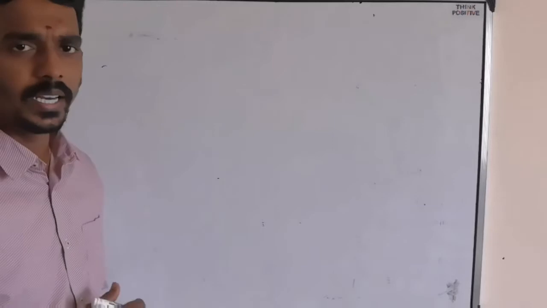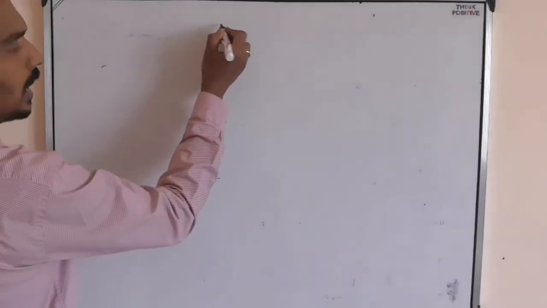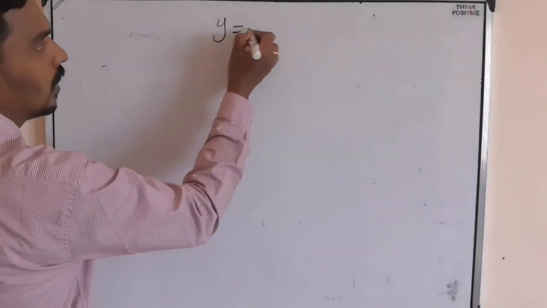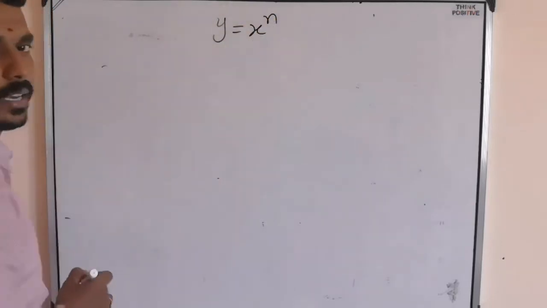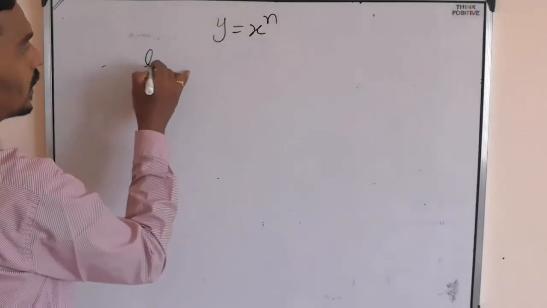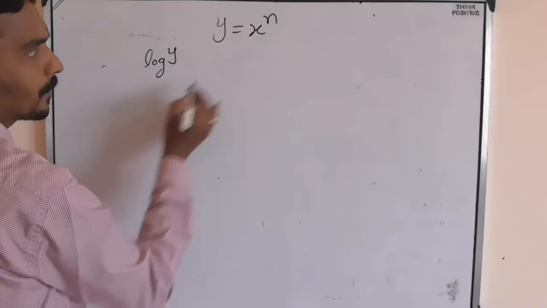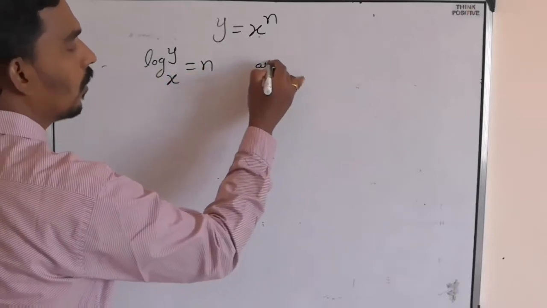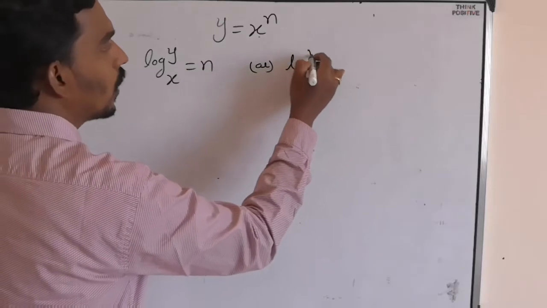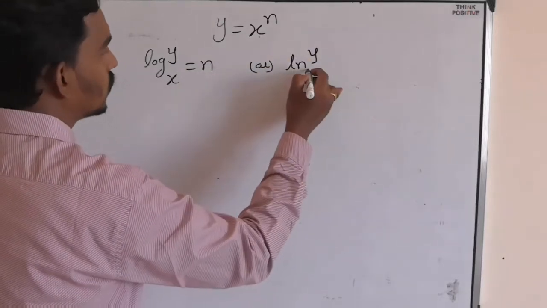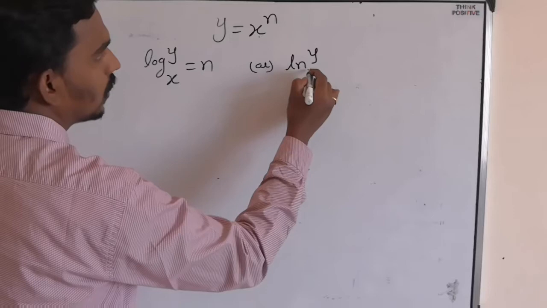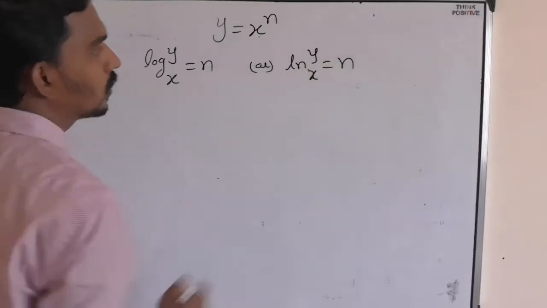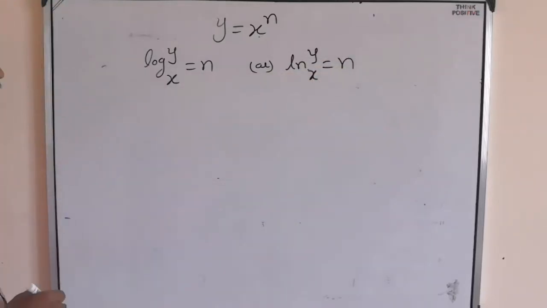What we require here, in conclusion, is that y equal to x power n means you can write it as log y with respect to base x equal to n, or ln y with respect to base x equal to n.